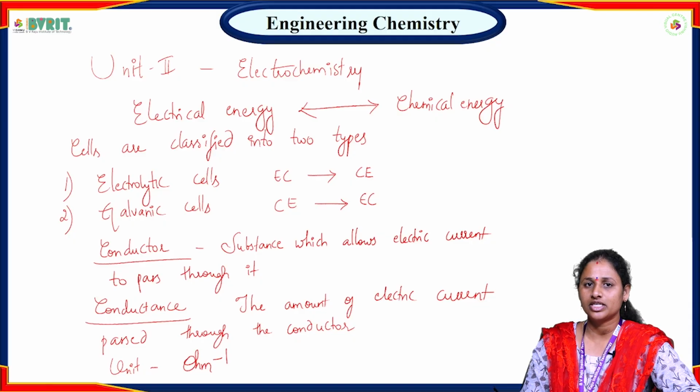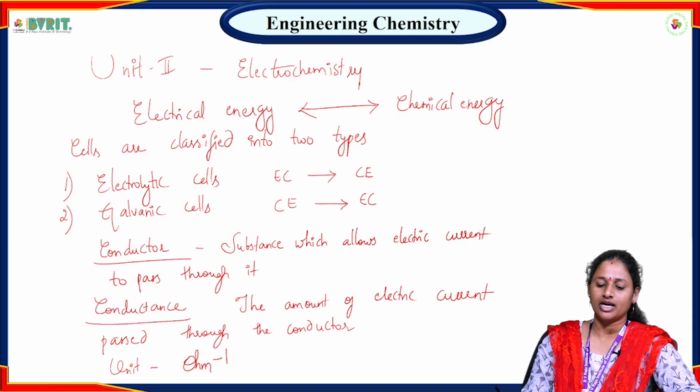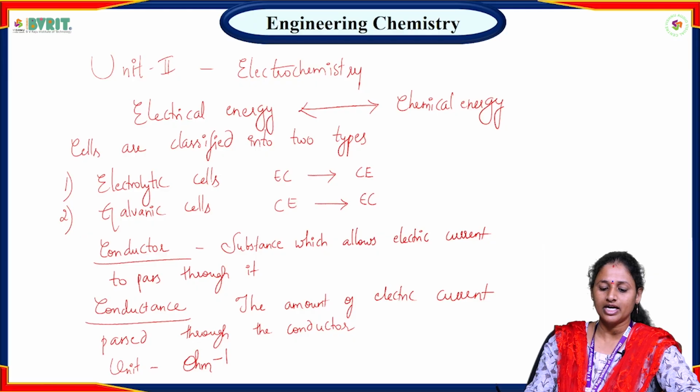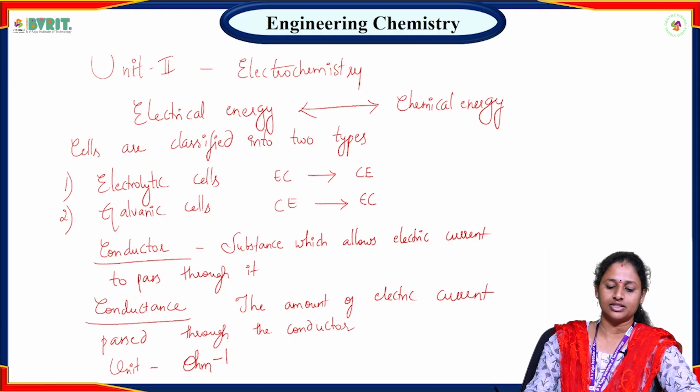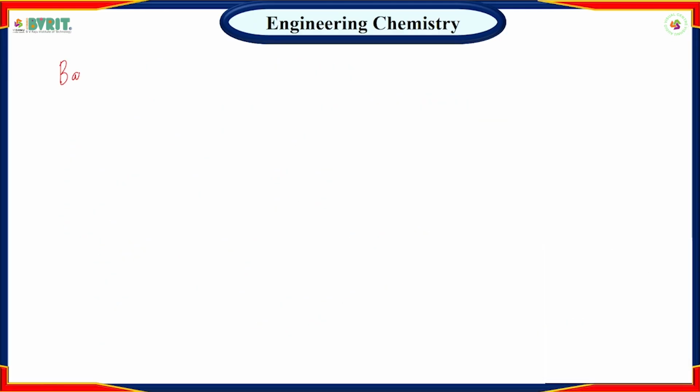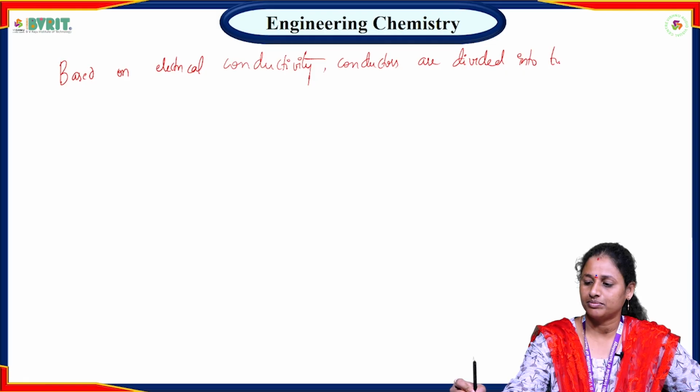Resistance is the restriction of flow of electric current, and this is the flow of electric current which is measured in ohm inverse. So based on electrical conductivity, conductors are divided into two types.